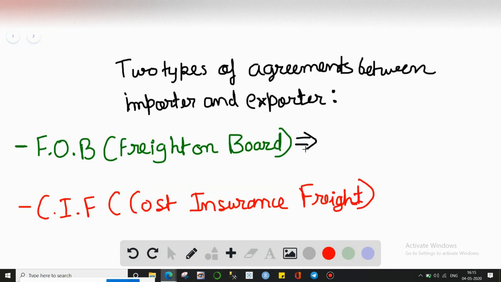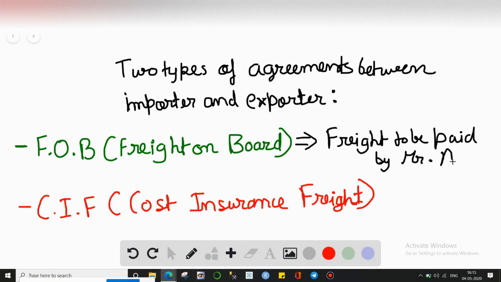So I'm writing freight. Please write it down to get clear distinction between these types of contracts. Freight to be paid by Mr. A, because he is the importer, he is the buyer also.